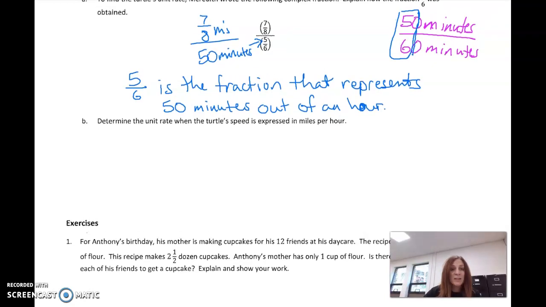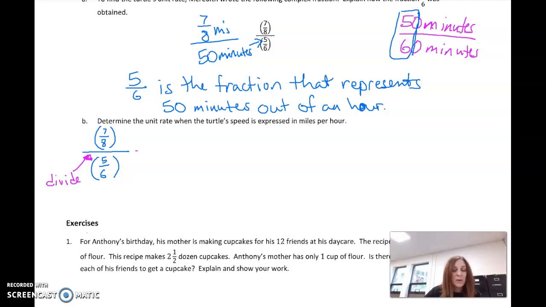So we're going to take 7/8 over 5/6, and we're going to perform this division. This fraction bar right here, that means to divide. That's one of the ways we write dividing.